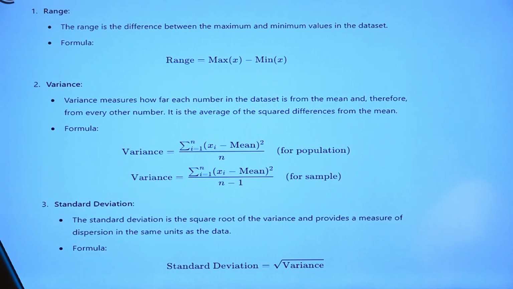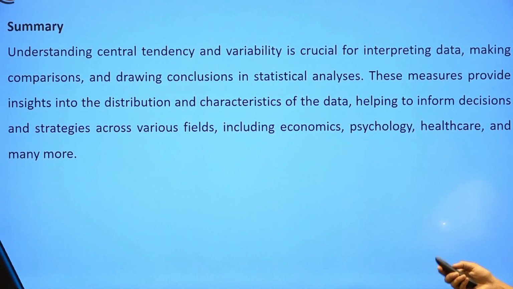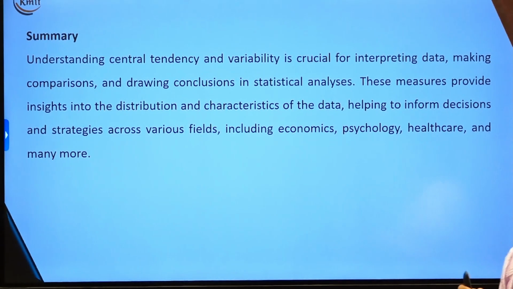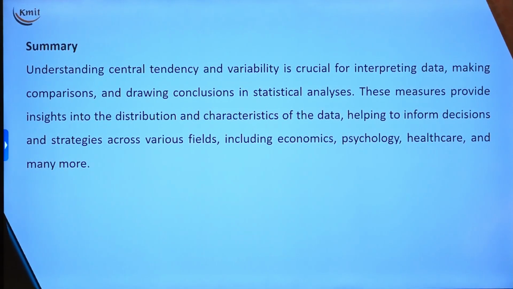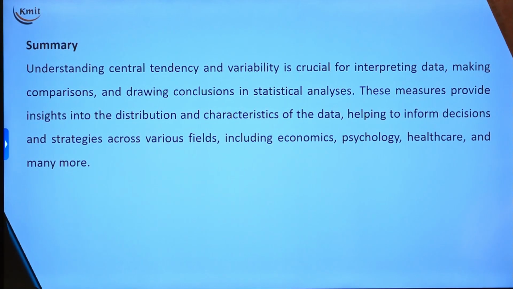So this is how we calculate range, variance and standard deviation, with which we get the variability. Understanding central tendency and variability is very crucial when we try to interpret the data and make conclusions from statistical analysis. These two give us insights into data distribution along with the characteristics of the data, which helps the machine learning model to make decisions and give accurate predictions.